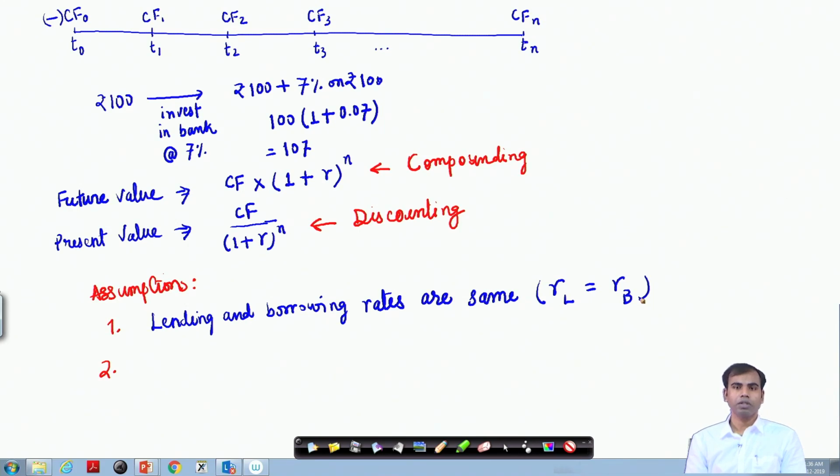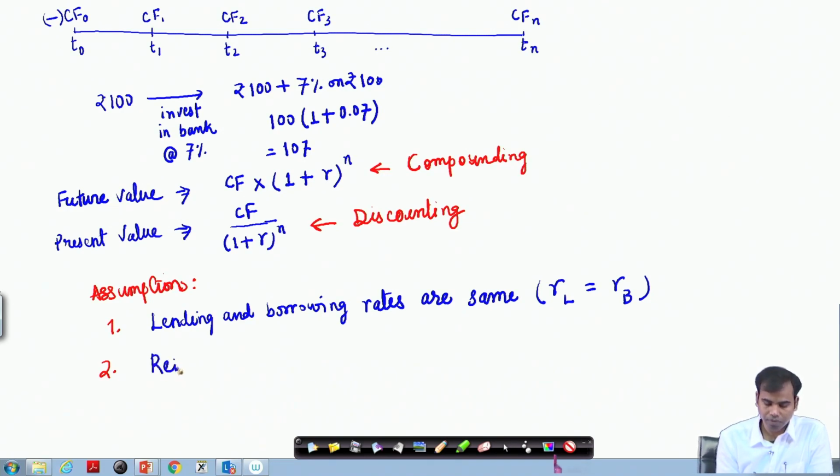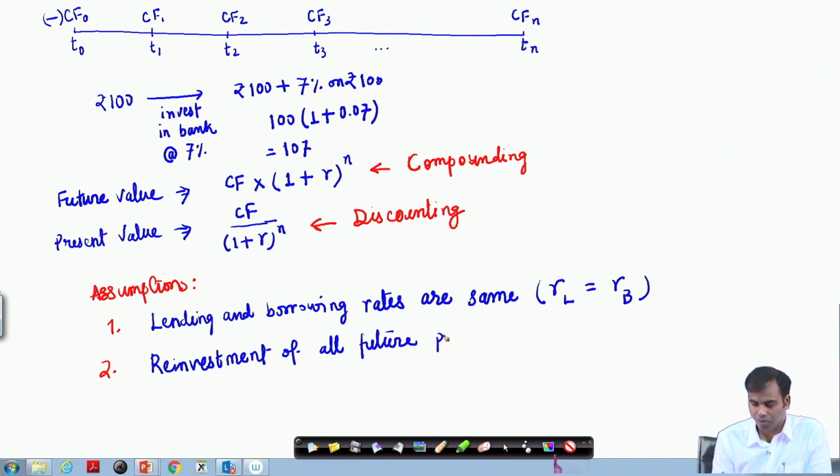So, the first assumption is that lending and borrowing rates are the same, and the second assumption that we base our approaches on is that the amounts that we are making in the process are basically reinvested, which means if you are making some amount of money in future in terms of the interest income, you are reinvesting that amount of money in future.